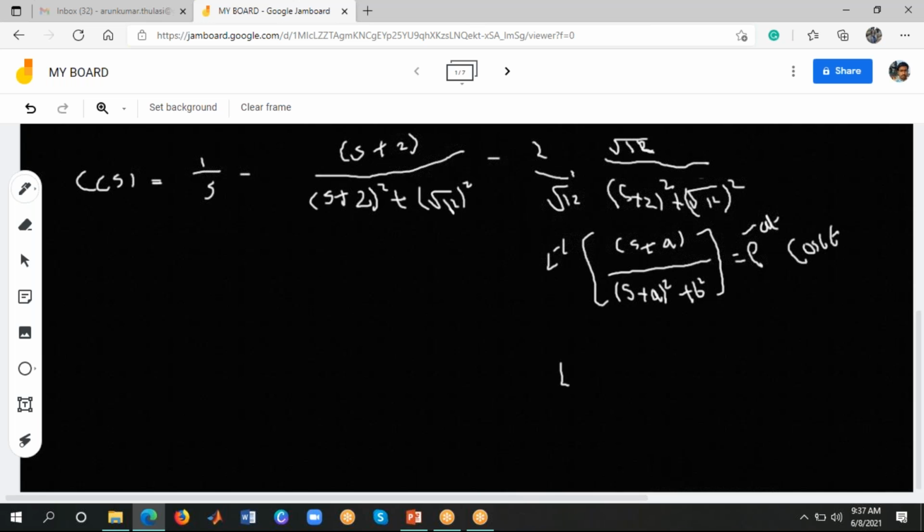Similarly, Laplace inverse of b divided by (s plus a) whole square plus b square, if it is like this, is e power minus at sin bt.